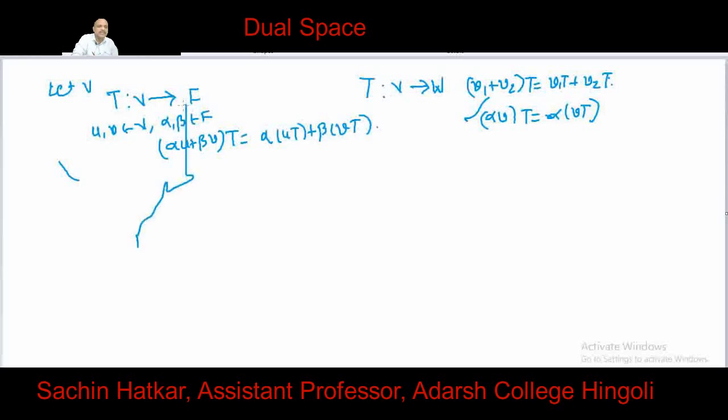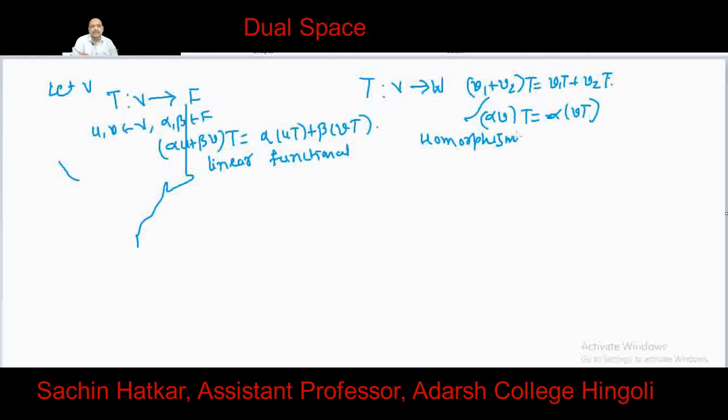This is a linear functional, and this T here is a homomorphism. What is the difference between homomorphism and linear functional?